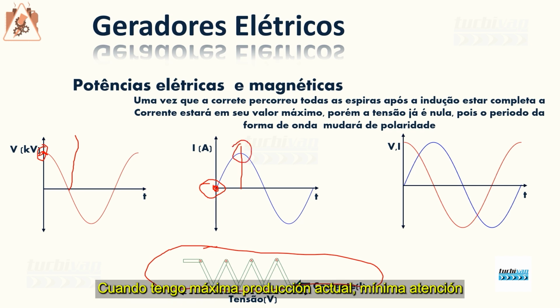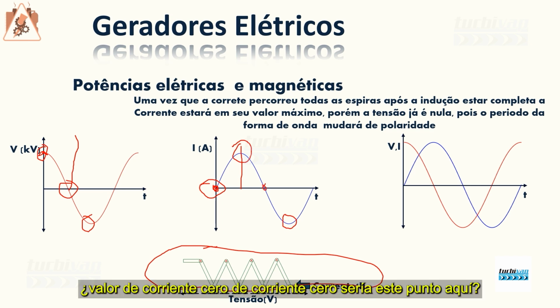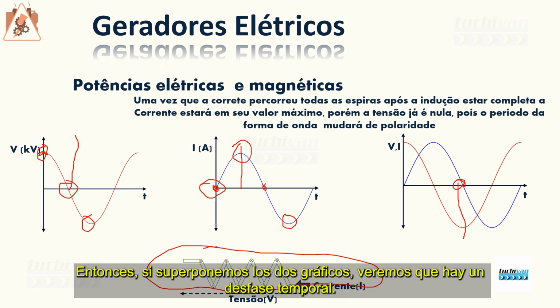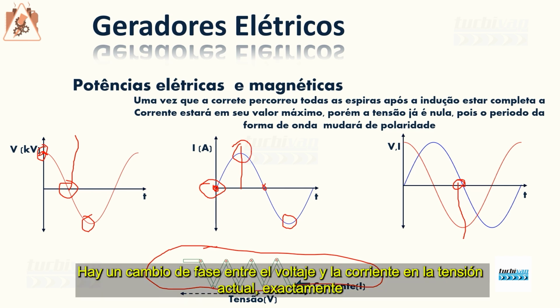Let's take a good look. If we superimpose the two graphs, we will see that there is a time lag. There is a phase shift between the voltage and current, exactly 90 degrees for a coil, a resistance-free coil.